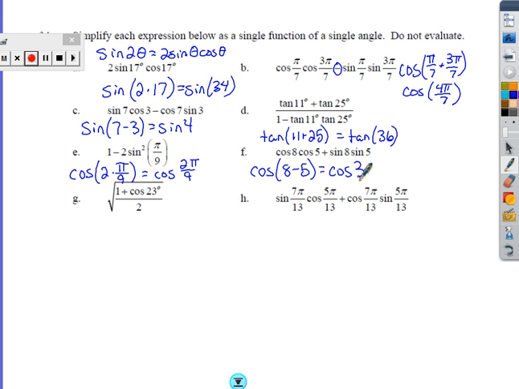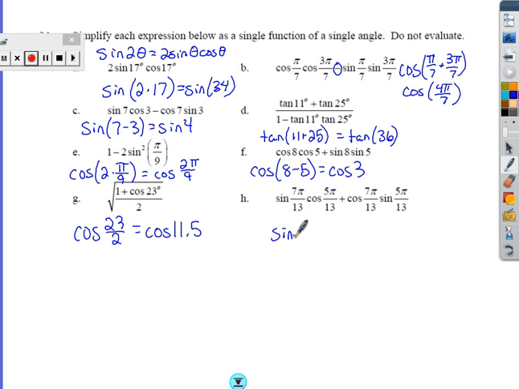Now down here towards the bottom, I can tell based on this being 1 plus cosine theta, it's got to be cosine of theta over 2. So in this case, theta was 23, so this would be cosine of 23 over 2, which is the cosine of 11.5. And last but not least, I see that this must be another sine sum.